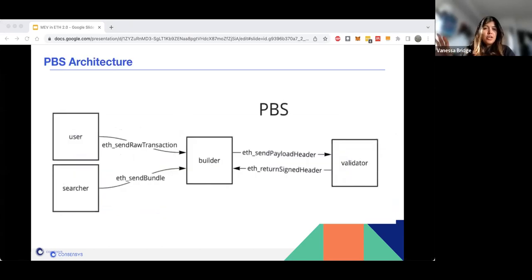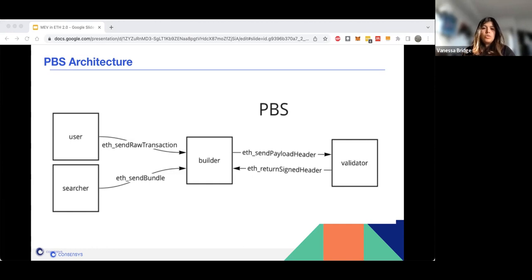So in the context of Ethereum 2, moving away from the proof of work consensus to the proof of stake, there are other considerations that need to be taken, which we'll see a little bit more about. One of the proposals to try and prevent MEV in proof of stake is the PBS architecture. PBS stands for proposer builder separation.